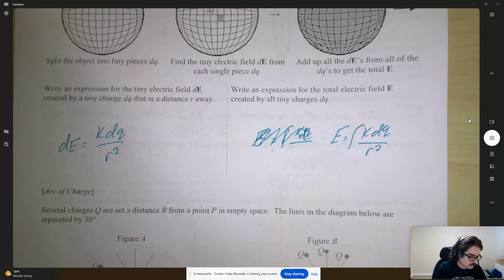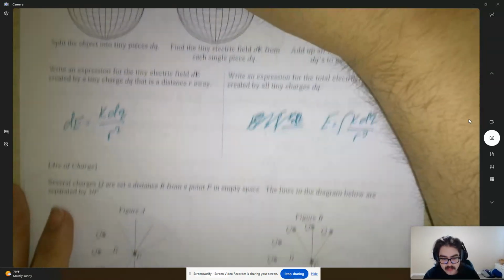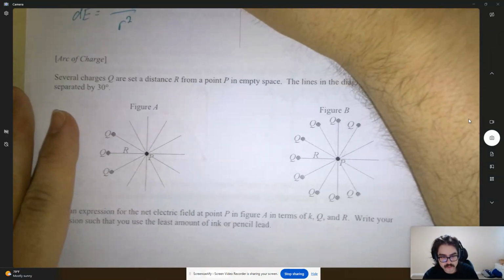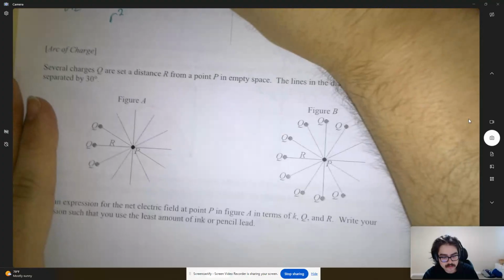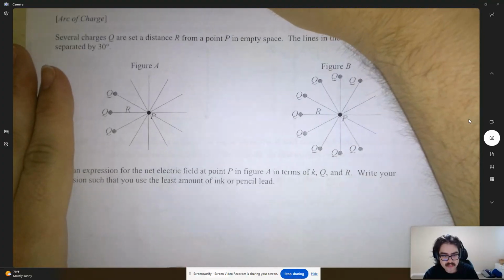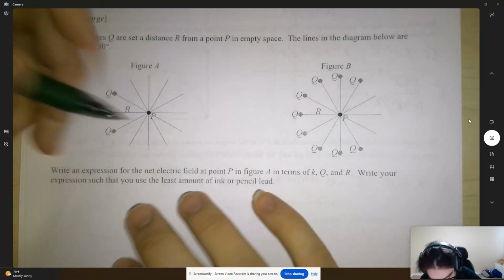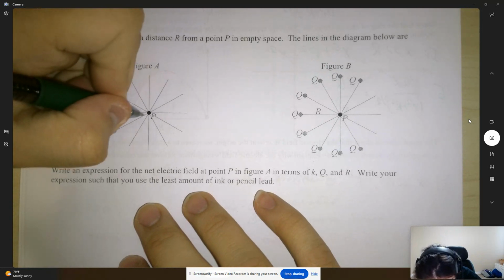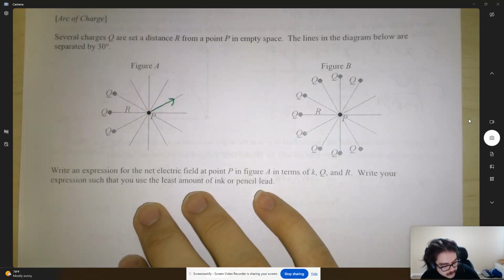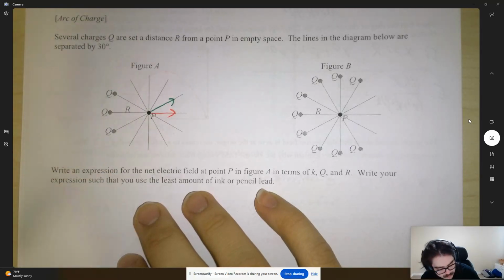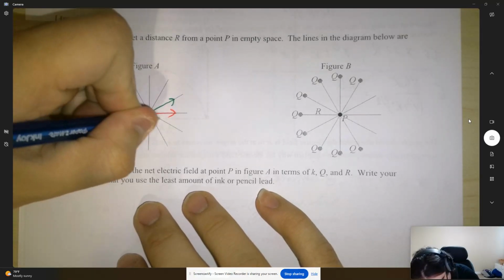If you have an arc of charge, this is the first example. This is very similar to having just a bunch of little charges at each of these points. What you're going to notice is that in figure A, you're going to have a field right here, a field right here, and then a field right here.